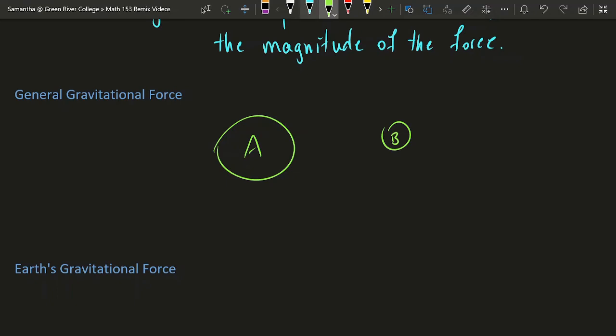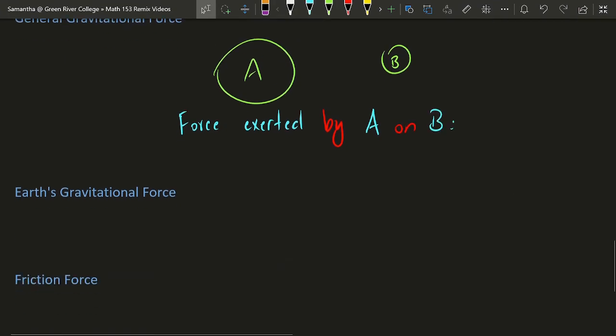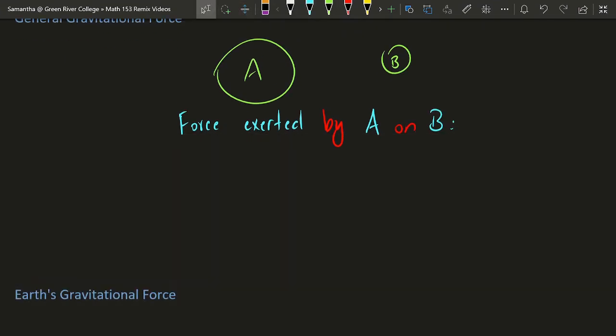So if you're looking at the gravitational force exerted by a body A on a body B, then the gravitational force is going to have the following properties.